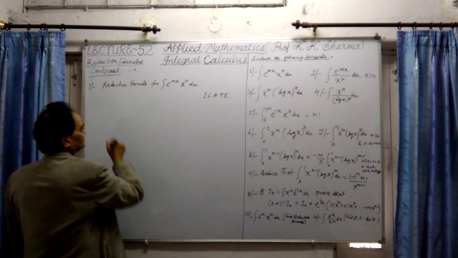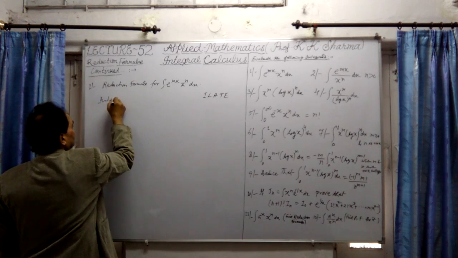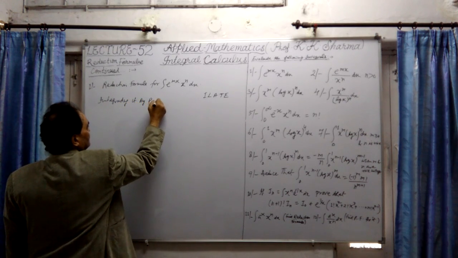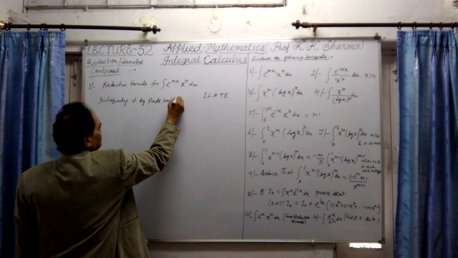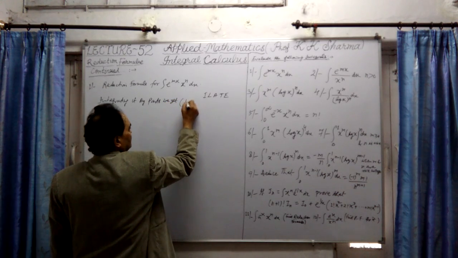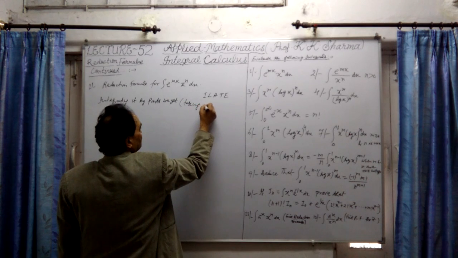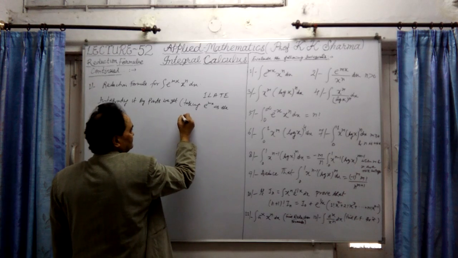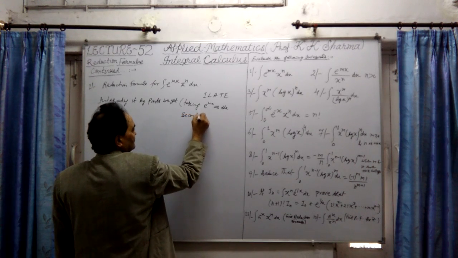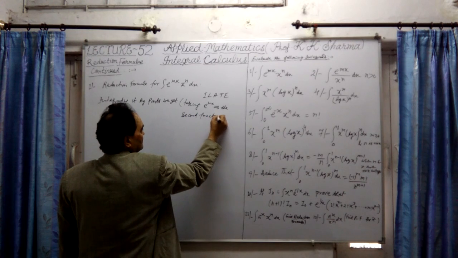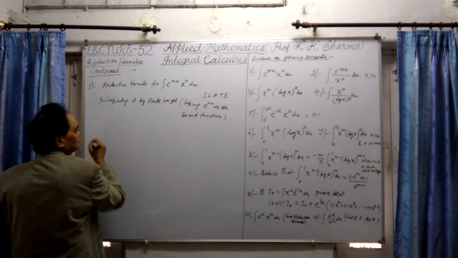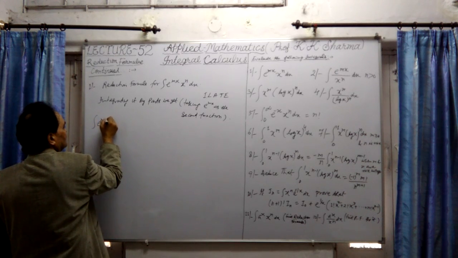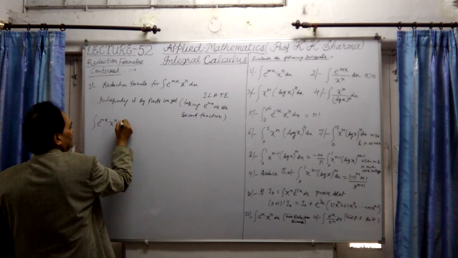So integrating by parts, taking e^(mx) as the second function, this is equal to the integral of e^(mx) x^n dx.